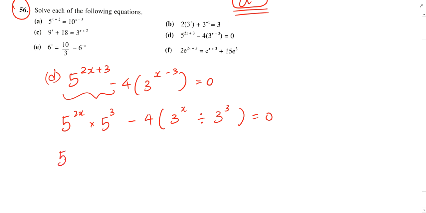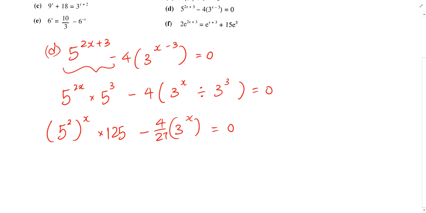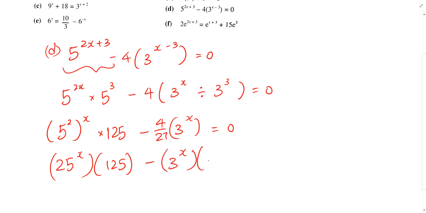So this is 5 to the power 2, then to the power x, multiplied by 125, minus 4 divided by 27, 3 to the power x, equals 0. So 5 squared, how much is 5 squared? 25. 25 to the power x times 125, minus 4 over 27 times 3 to the power x, equals 0.